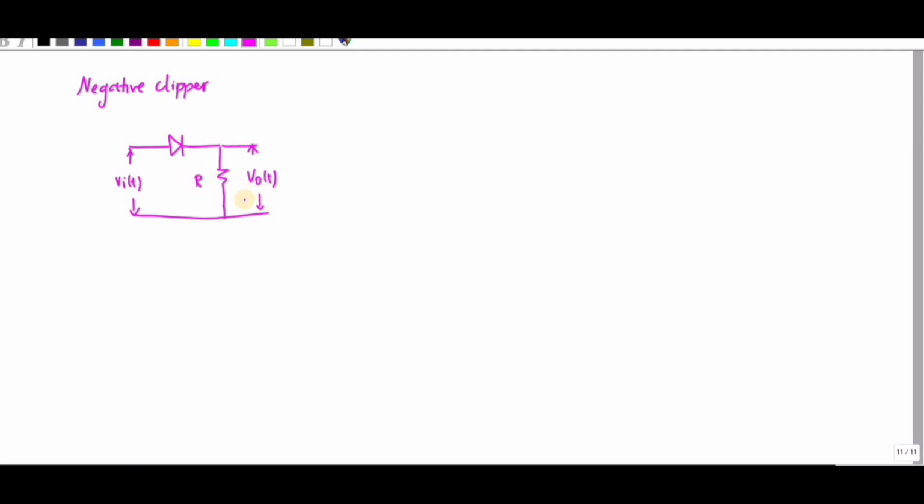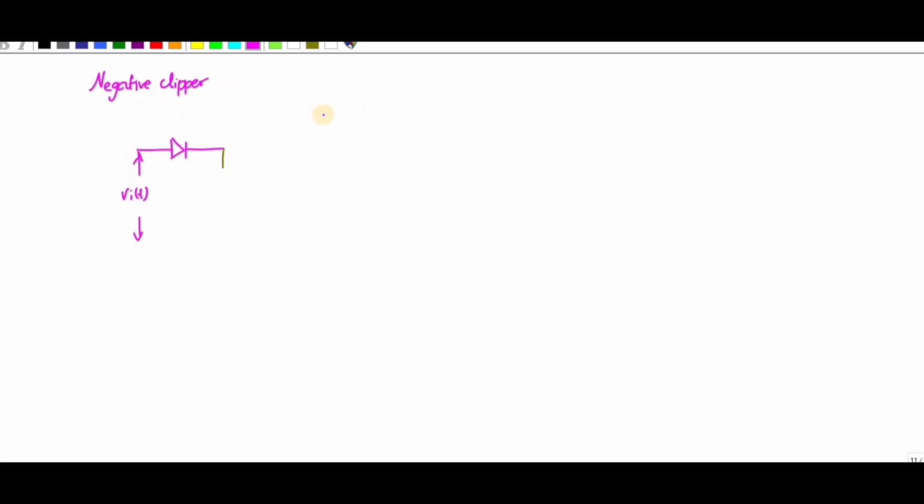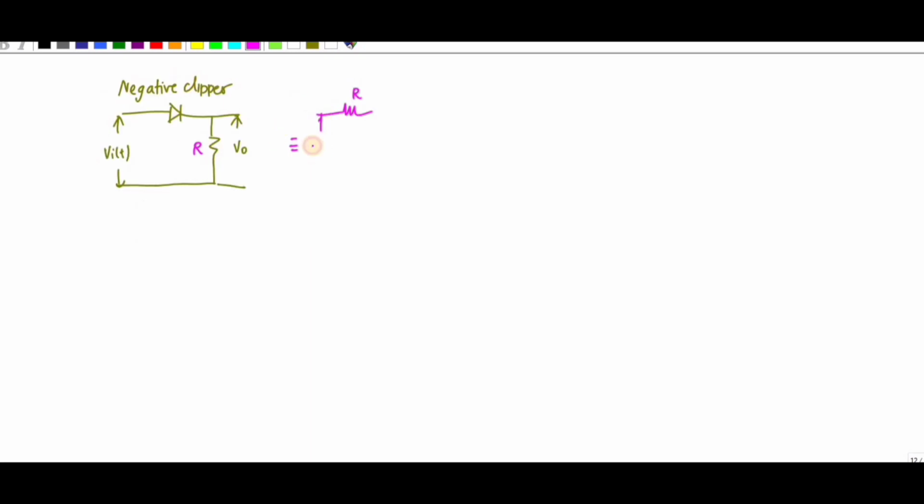This circuit is similar to the previous one, but I have interchanged the diode with the resistance and the resistance with the diode.